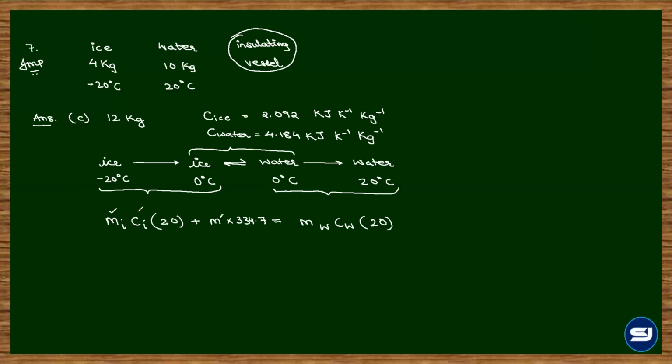Now this is 4 kilogram, this ci is given, this is 10 kilogram, this cw is given. From that you can find out m dash.